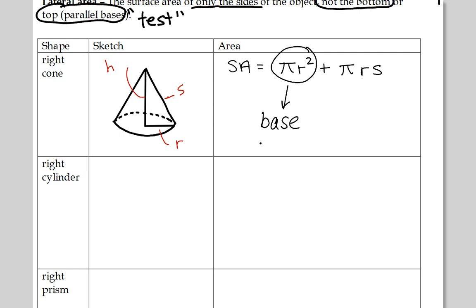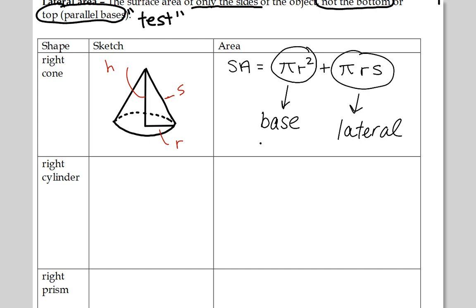And you're like, oh, I don't need to paint the circle, so I can omit the pi r squared. That's what we're going to be doing. The pi r s, we call this the lateral, like we defined it up above, the lateral area. So we have the base area and we have the lateral area.